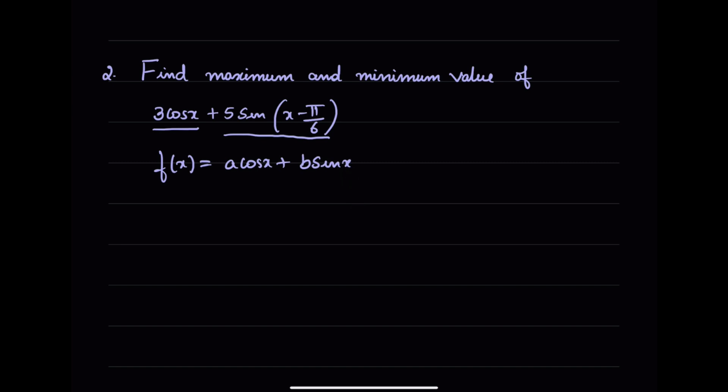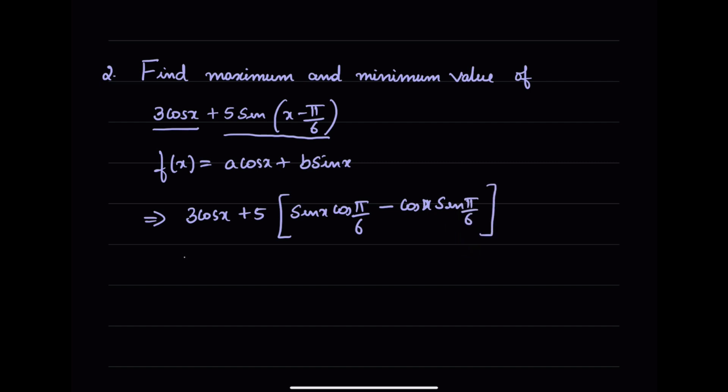To do that, let's apply the formula of sine of a minus b in the second part of this equation. So this would be 3 cos x plus 5 times sin x cos pi by 6 minus cos x sin pi by 6.